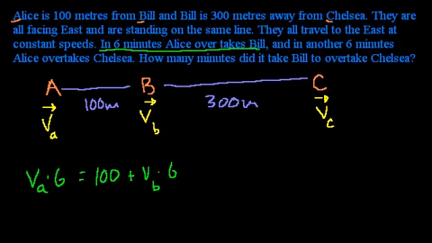And then the next thing this problem tells us, in another 6 minutes, Alice overtakes Chelsea. So from the beginning of our time, it essentially takes 12 minutes, right? 6 minutes to overtake Bill, and then another 6 minutes to overtake Chelsea.